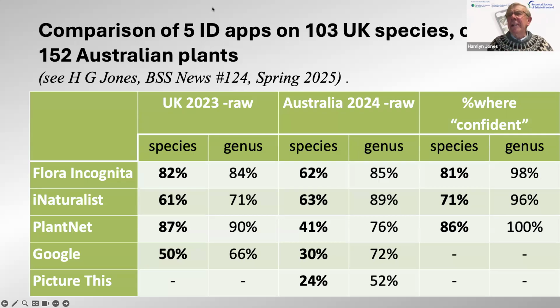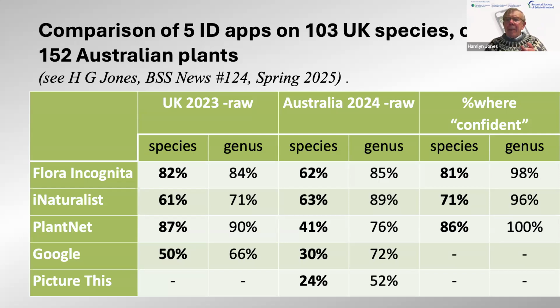But if we look at Australian species, we find much lower accuracy rates, much closer to what the UK apps were doing in the UK in 2020. And when the apps were confident of what they were seeing, again, we're now getting pretty high confidence levels.